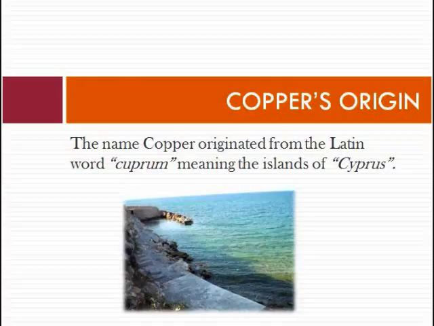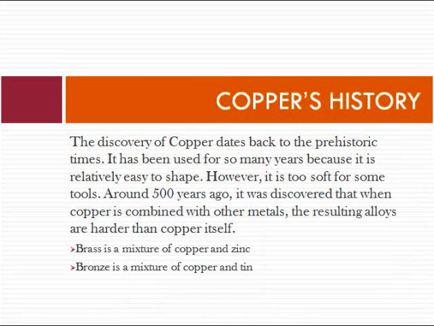Chapter 5 is going to be about copper's origin and its history. The name copper originated from the Latin word Cuprum, meaning the island of Cyprus. The discovery of copper dates back to prehistoric times. It has been used for so many years because it is relatively easy to shape.